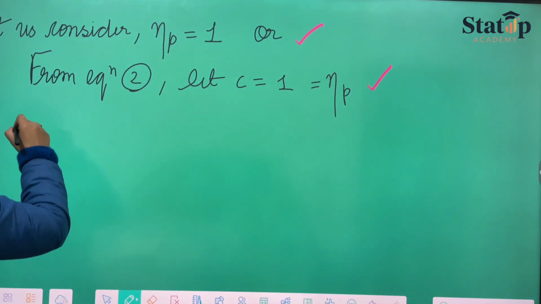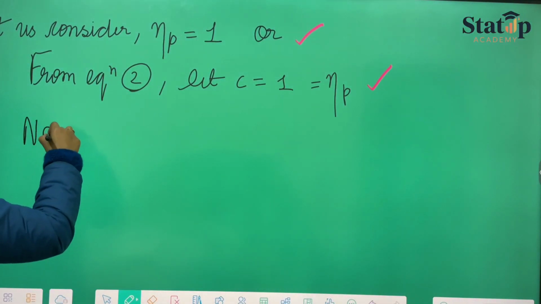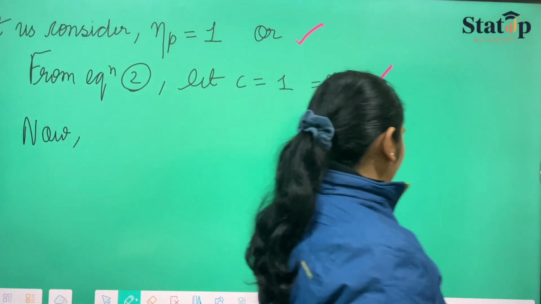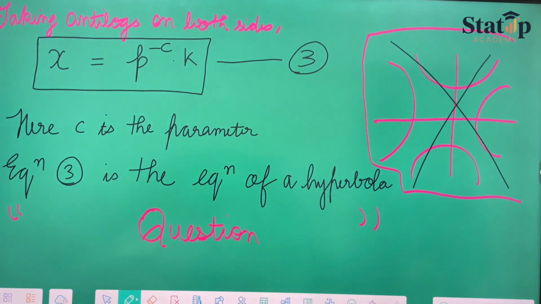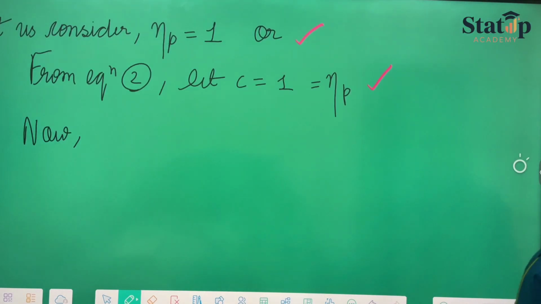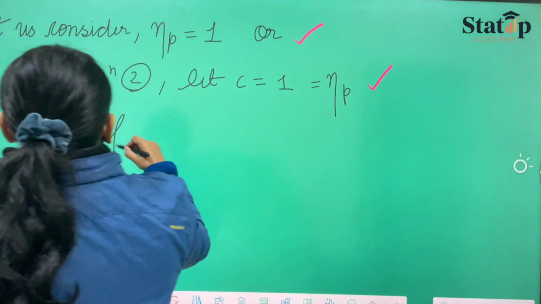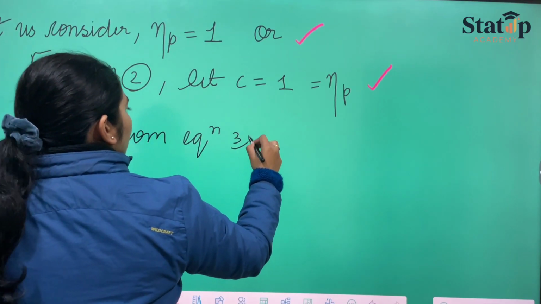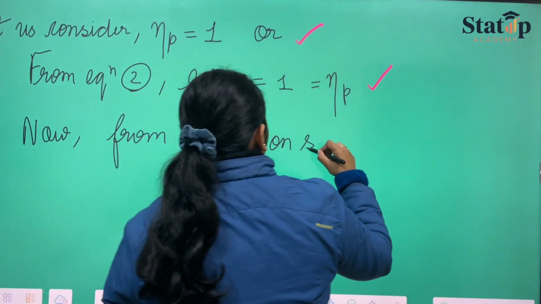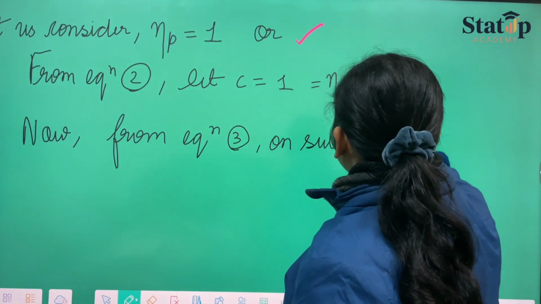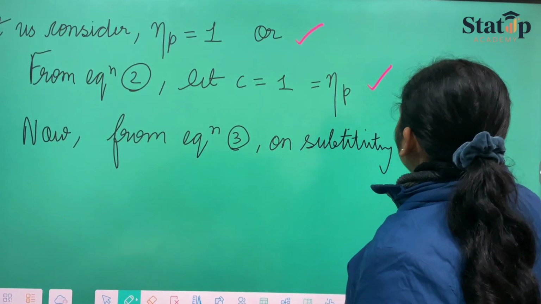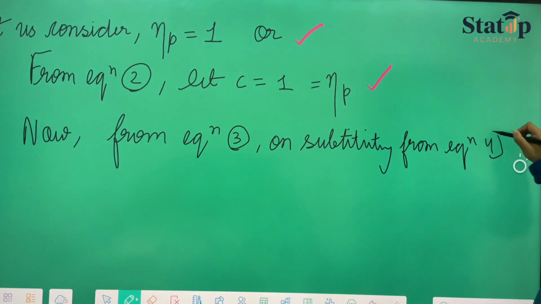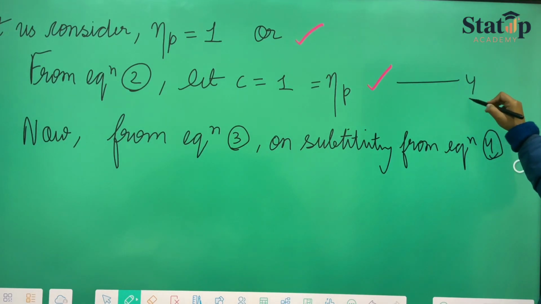So from now, the equation of this, x equals p raised to the power, this is now from equation 3, on substituting from equation 4. Let us consider this as our equation number 4.